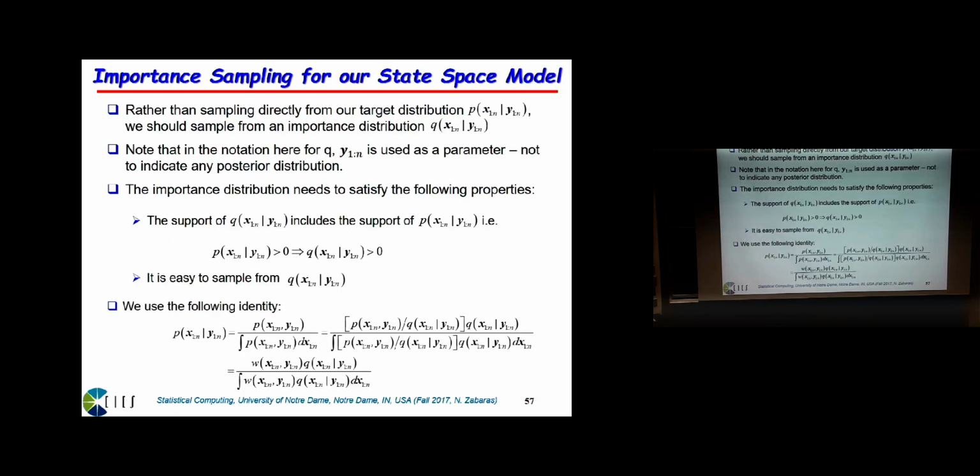So the idea is, we cannot sample from this posterior, so we're going to come up with an importance sampling distribution, which I denote as q of x1 to n. And be careful here with the notation. When I say given y1 to n, what does this notation mean? When I have an importance sampling distribution, it simply means that if I want, I have available information of the data from 1 to n, but really it's a distribution of x1 to n.